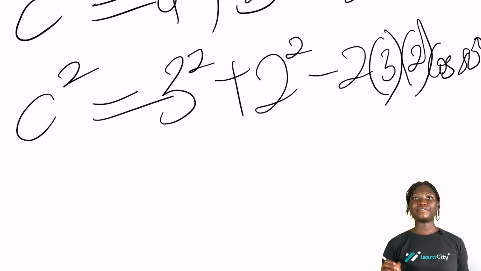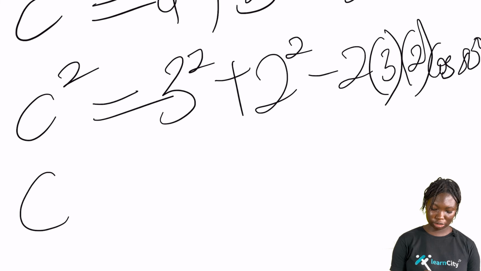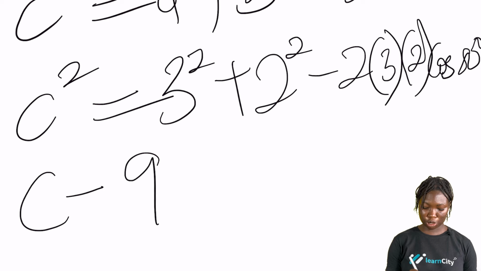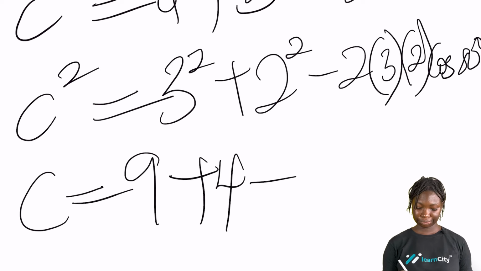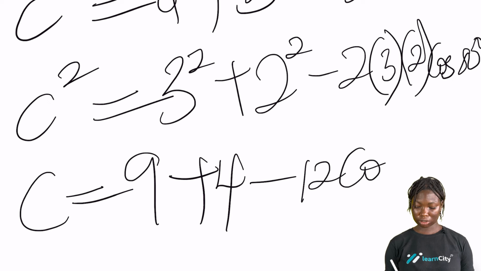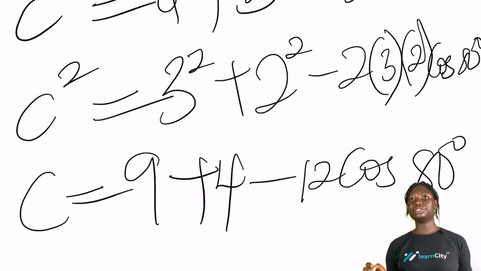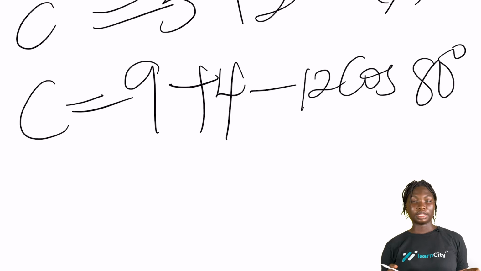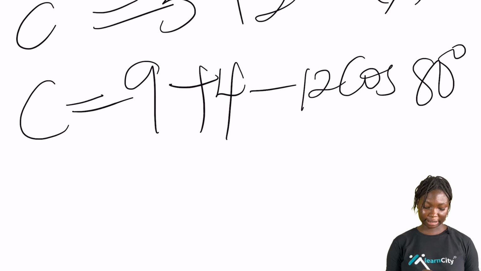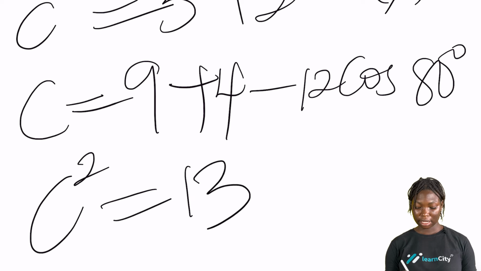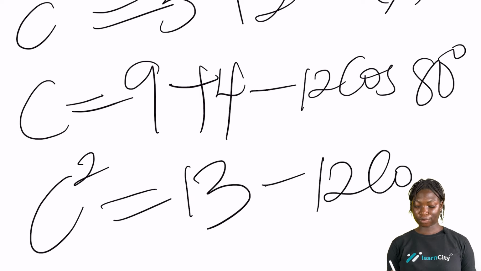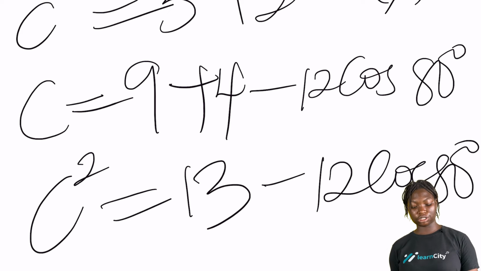So here we have C squared to be 9 plus 4 minus 12 cos 80 degrees. Now 9 plus 4 is 13, so we have C squared to be 13 minus 12 cos 80 degrees.